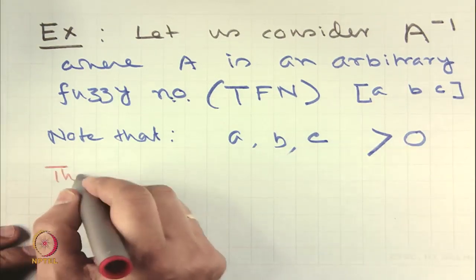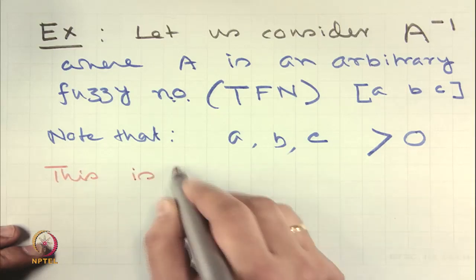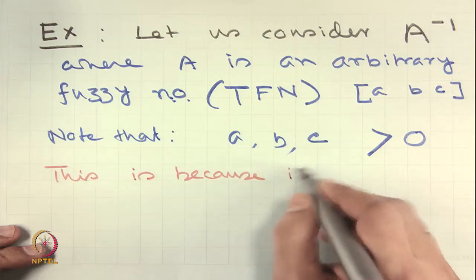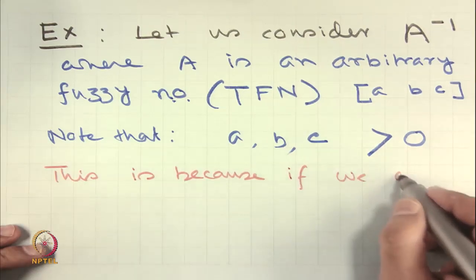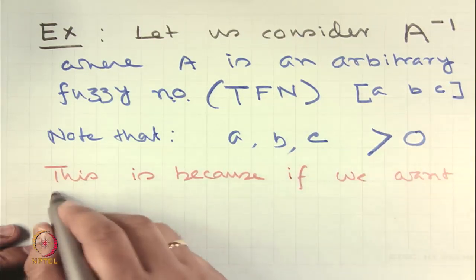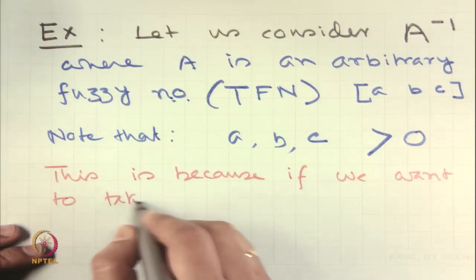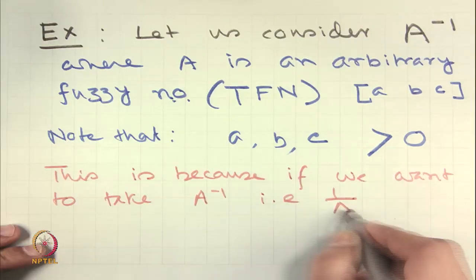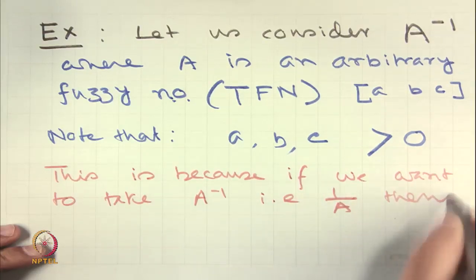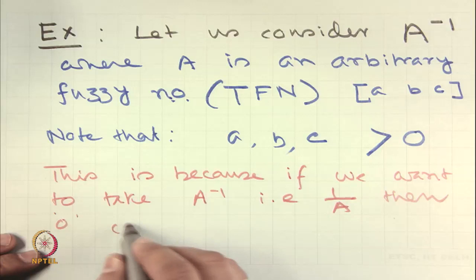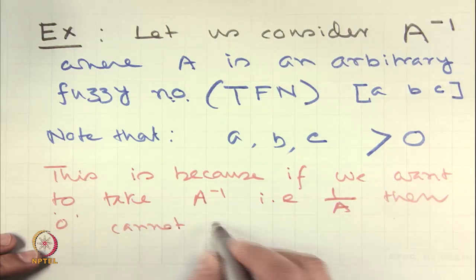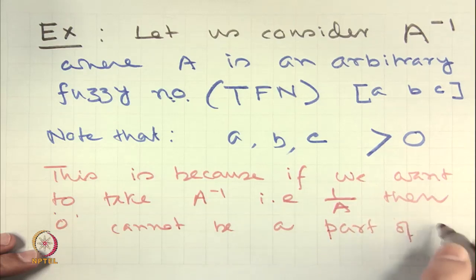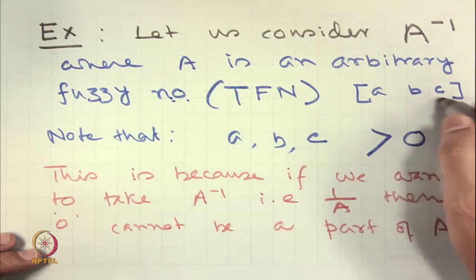This is because if we want to take A inverse, that is 1 upon A, then 0 cannot be a part of this A.